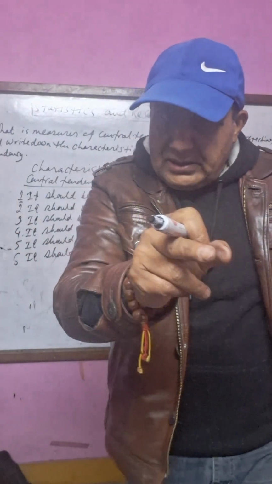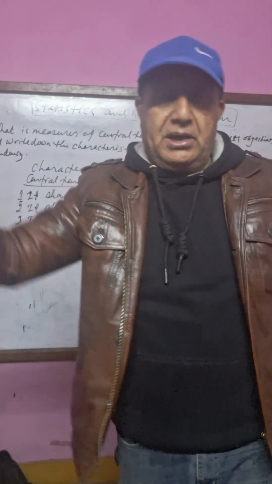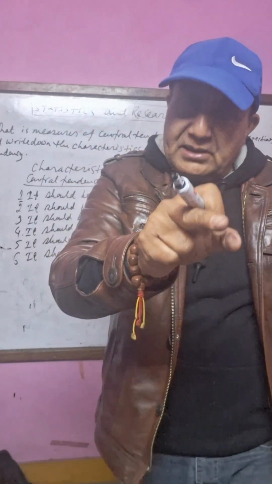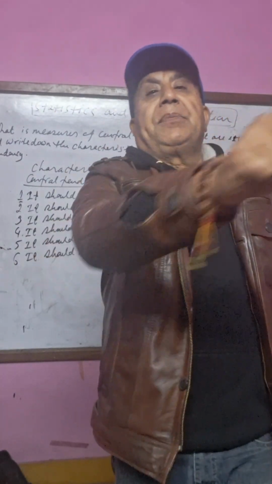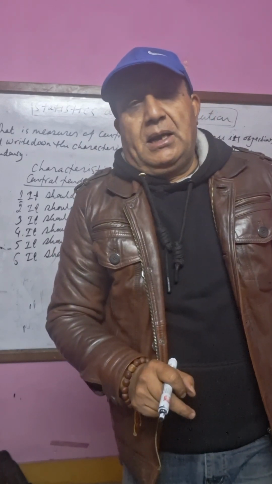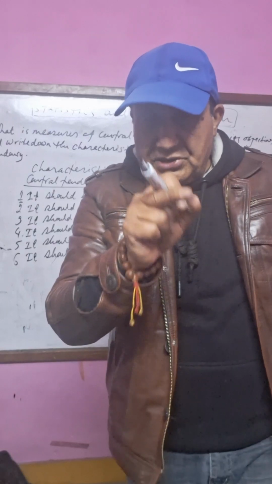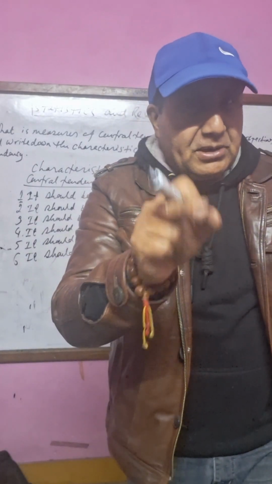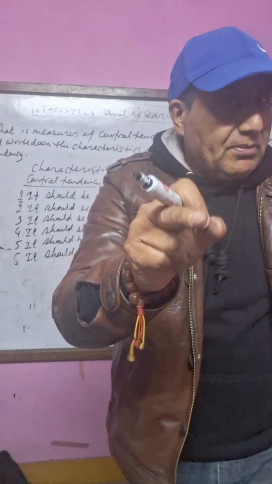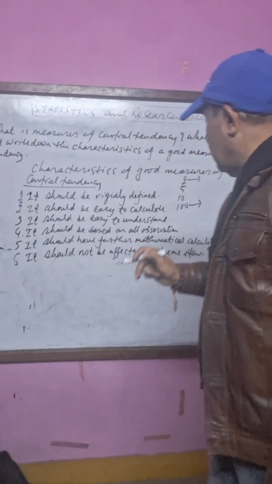In the case of mean, if an extreme item changes, its value changes. But in the case of median and mode, extreme values do not affect them. So in this case, mean is not a good average because mean is affected by extreme items. You keep this in your mind.